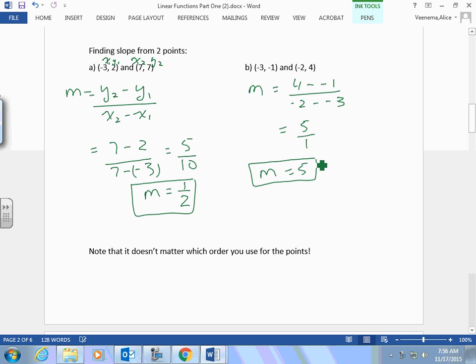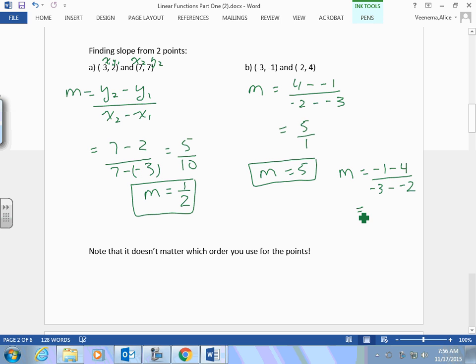Now I just want to show you something, that it really doesn't matter which point you decide is your first point and which one is your second point. If I do the same example the other way around, where I consider negative 3, negative 1 my first point, and negative 2, 4 as my second point, I'll have m equals negative 1 minus 4 over negative 3 minus negative 2.